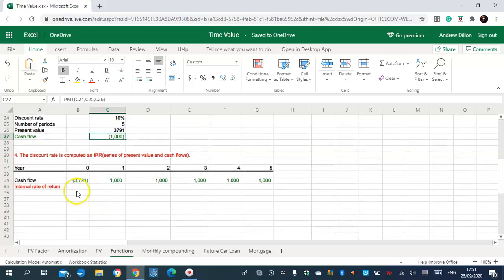Now here I have to calculate the internal rate of return. So the discount rate is computed as IRR, series present value and cash flows. Okay, so let's calculate the IRR.